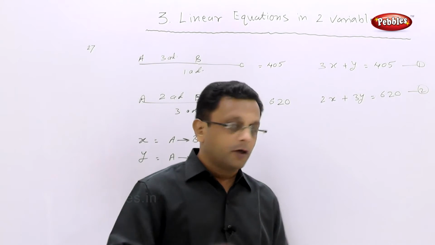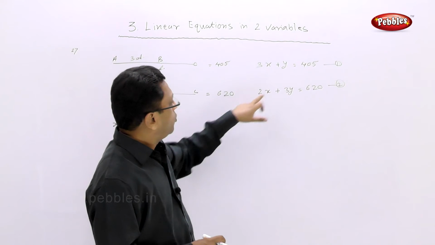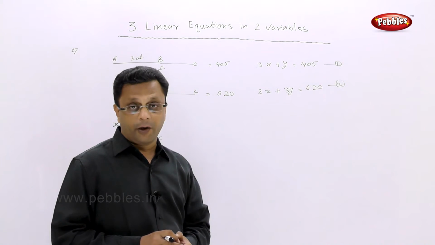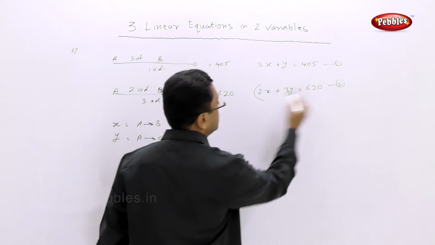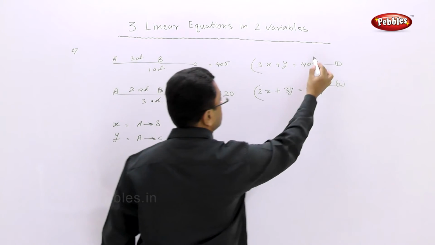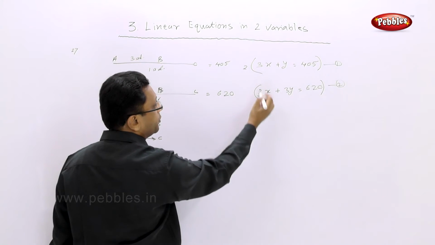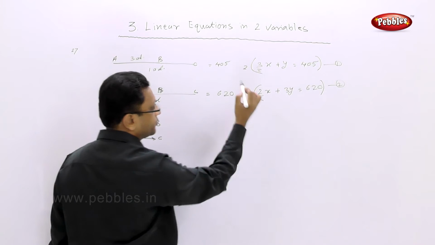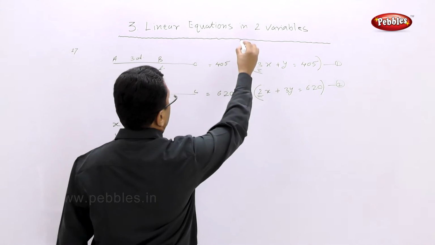Okay, just to remind you how you will solve this. The coefficients are different. So first we have to equate the coefficient. So I will multiply this equation by 2 and this equation by 3.